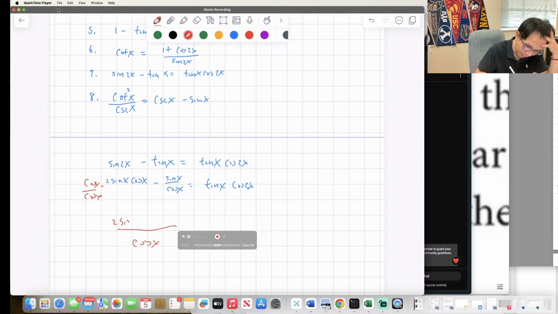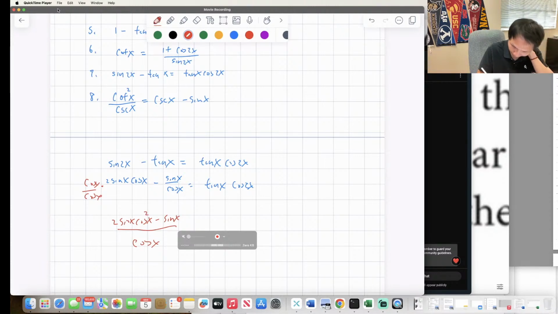It'd be 2 sine of x, cosine of x, minus sine of x. Wouldn't the cosine of x be squared? Yeah, you're right.